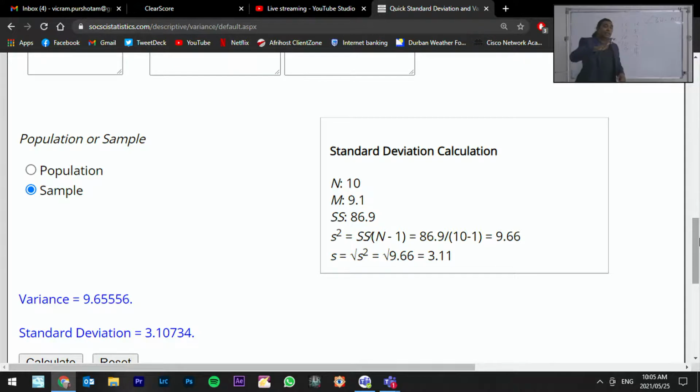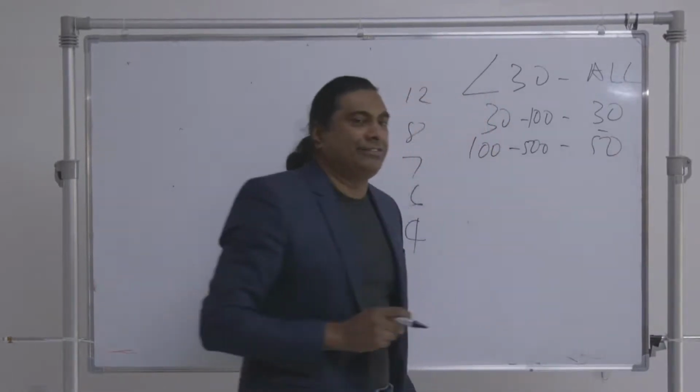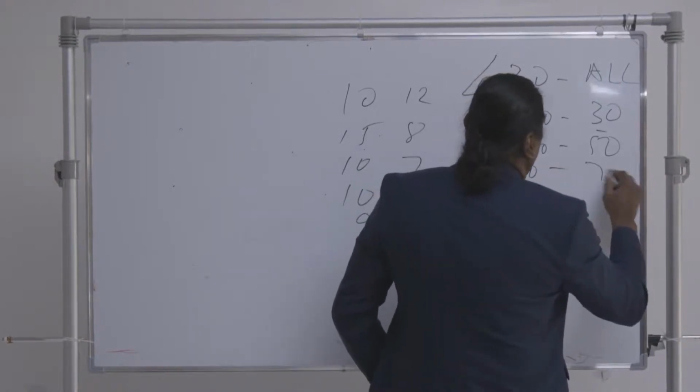If you see between 30 and 100, you take a random sample of 30. I'm not expecting you, if you see 100, to measure the wait time for 100 people. If you see between 100 and 500 people, you choose a random sample of 50. If you see more than 500, you choose a random sample of 70.